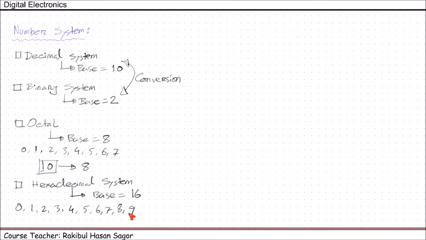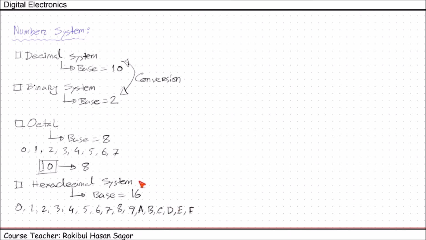Here we have 10 symbols, but we need to have 16 distinct symbols. So the decimal 10 is represented by A in the hexadecimal system. So A means 10 in decimal system, then B, C, D, E, F.